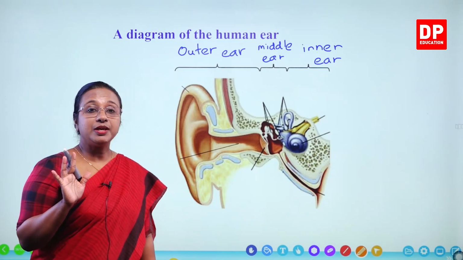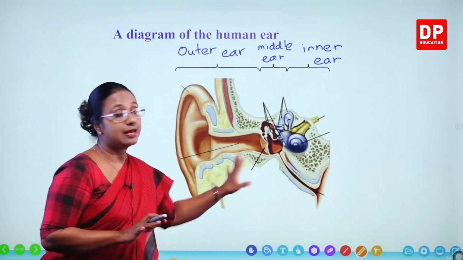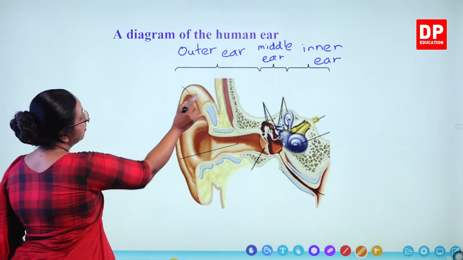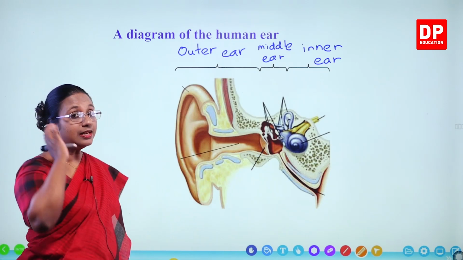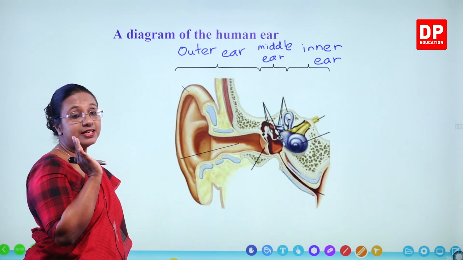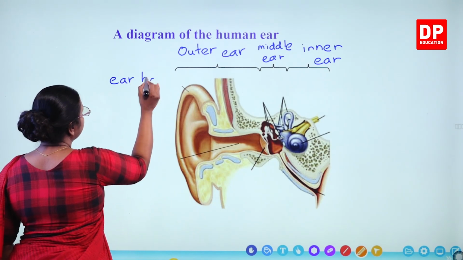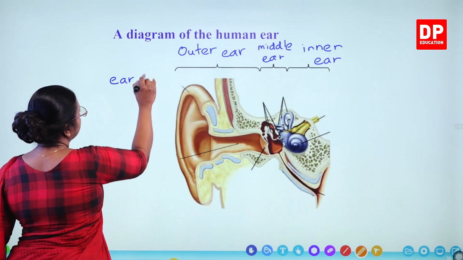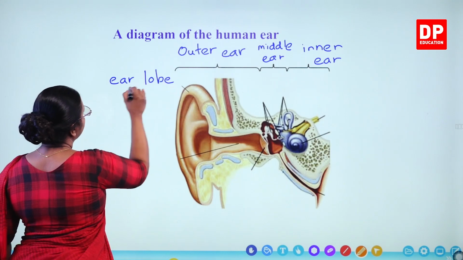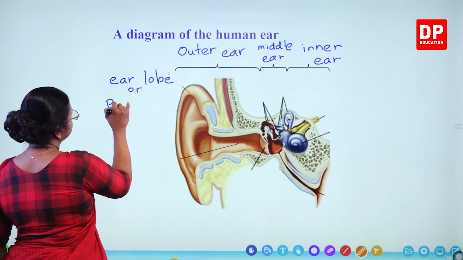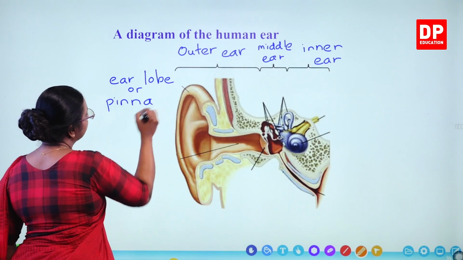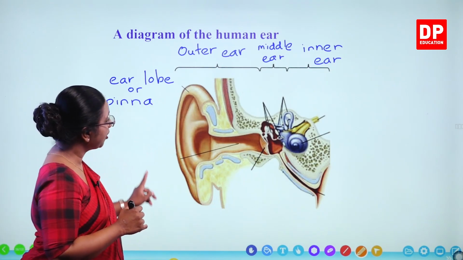Is that okay? So then we will label all the structures there. What is this part? This is the external earlobe, or we can just write it as earlobe, or pinna. You have to remember both the names, students, earlobe or pinna.